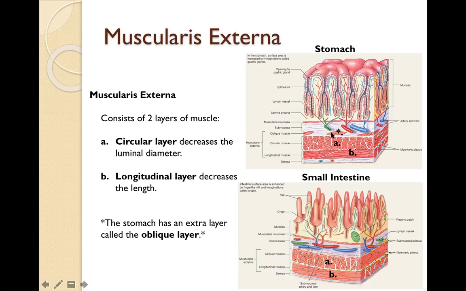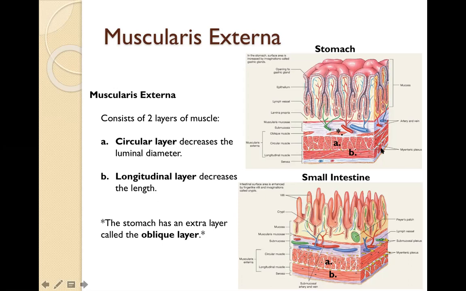It has a layer that is referred to as the circular layer. So if you can imagine, there would be a layer of muscle that would wrap around the entire lumen. And when that muscle contracts, it would actually decrease the luminal diameter of the stomach. There's also the longitudinal layer that runs the entire length of the stomach.